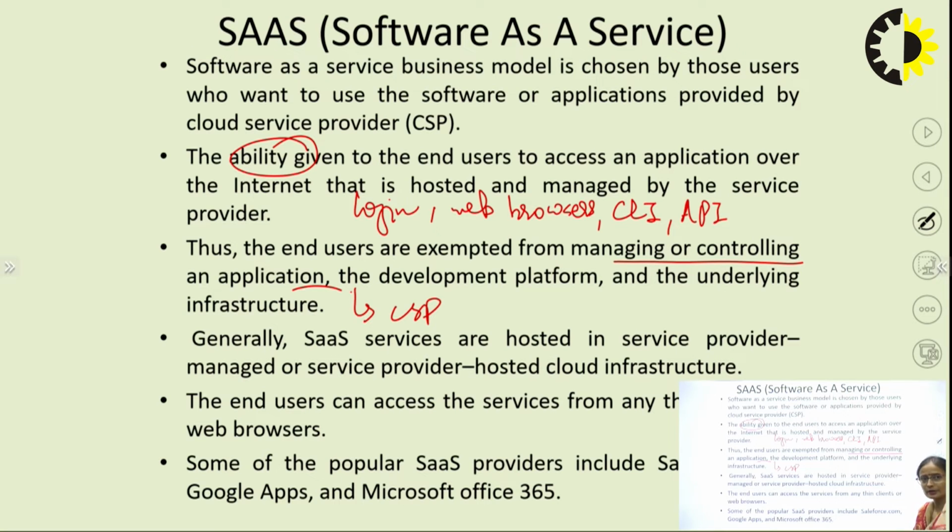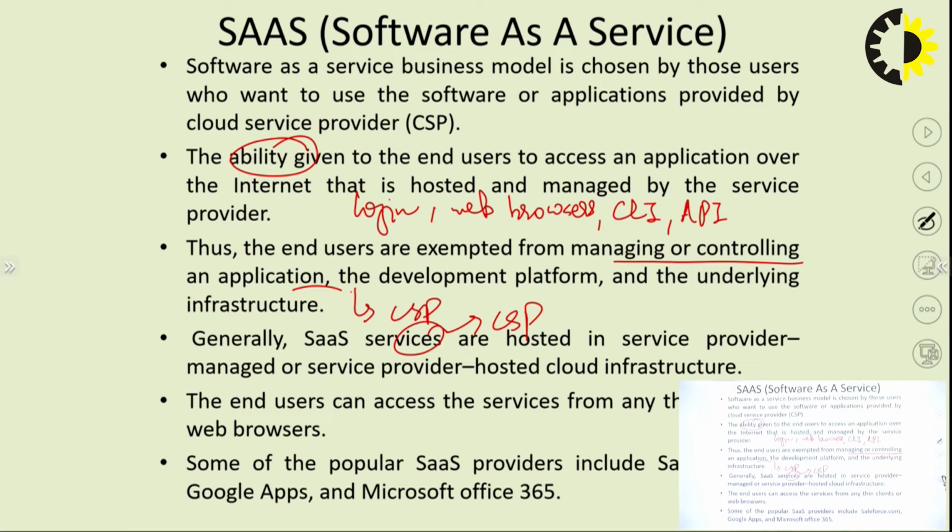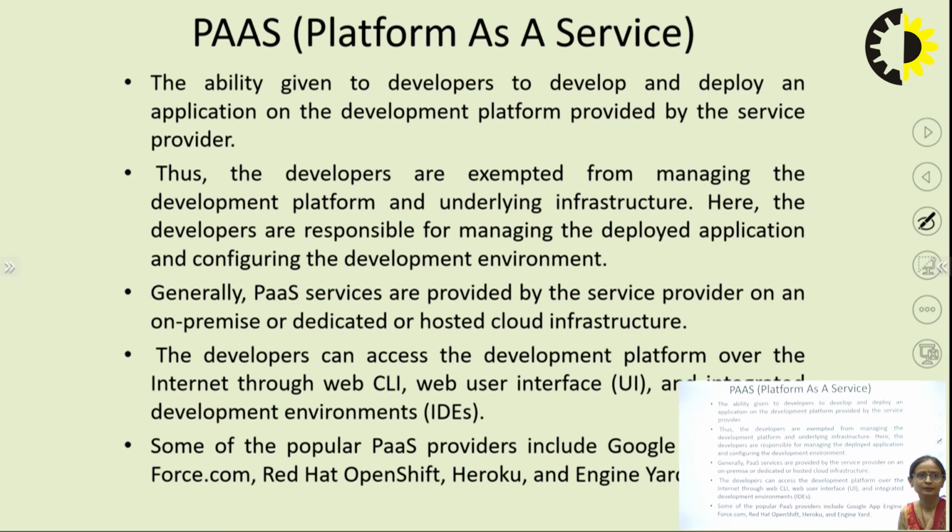Generally, SaaS services are hosted by the service provider. The end users can access the services from any thin client or web browser, on any device, laptops or mobile phones. Some of the popular providers in this case are Salesforce, Google Apps, and Microsoft Office 365.